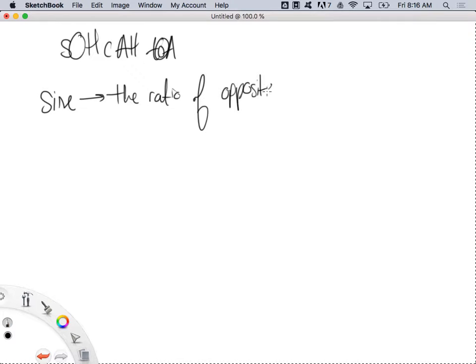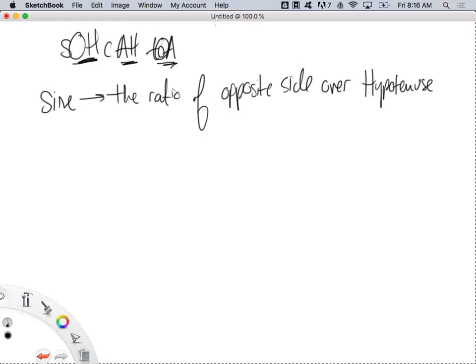Opposite side over hypotenuse. Honestly, all you need to do is write down SOHCAHTOA and you can see it right there. Opposite over hypotenuse. You see? You should just write down SOHCAHTOA on your test, and that gives you what the ratios are right there. Is that pretty clear? And I'm pretty sure at this point you guys can remember SOHCAHTOA after that song.